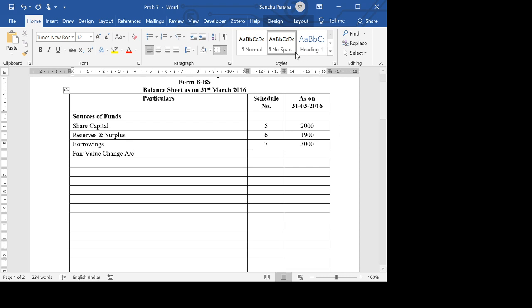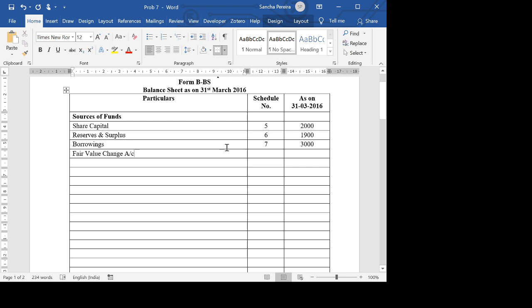Nobody knows? Share capital. Is capital a debit balance or a credit balance? Reserves and surplus. Borrowings. This is basically the liability side of the balance sheet.